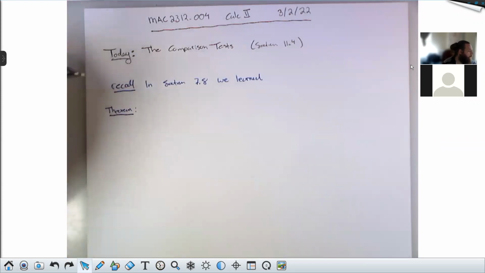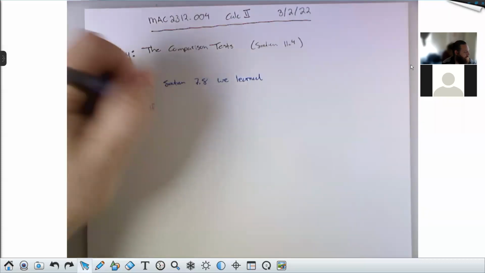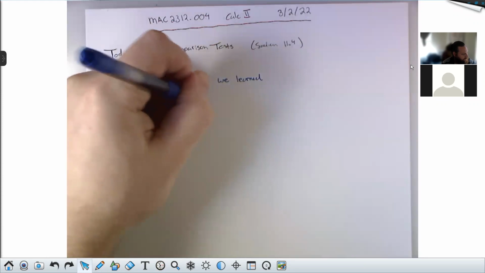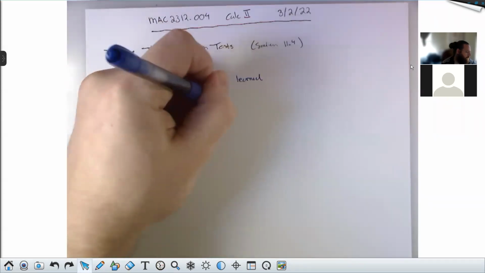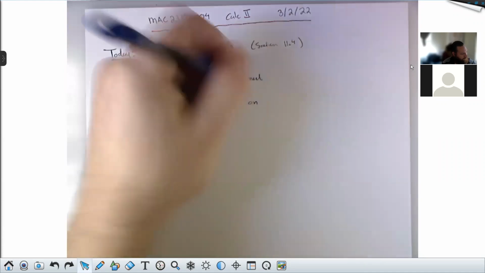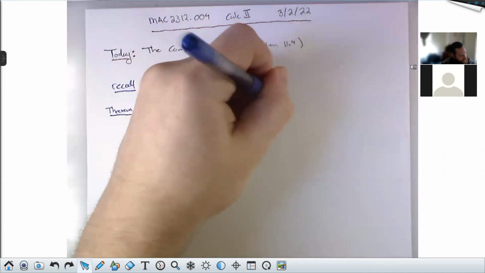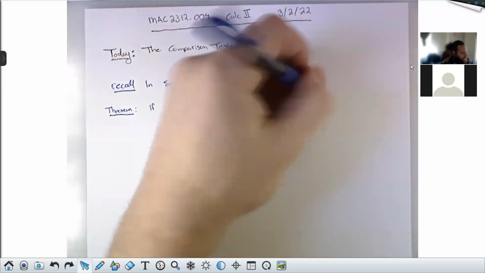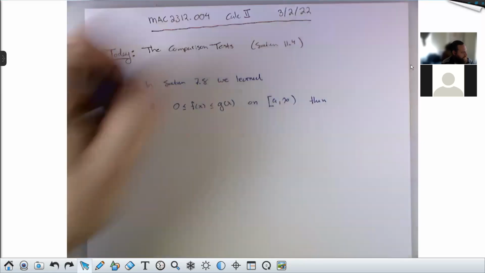I said if 0 is less than or equal to f of x is less than or equal to g of x on the interval a to infinity, then two things are true.